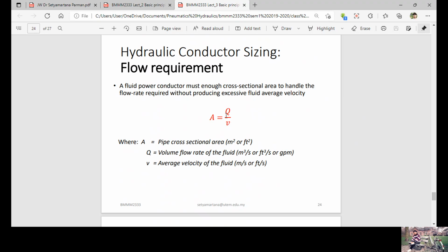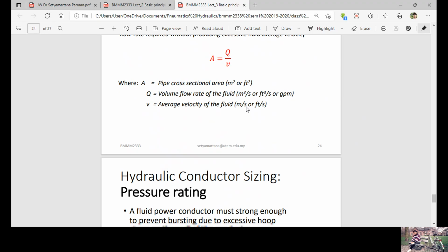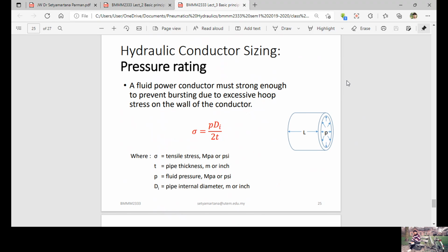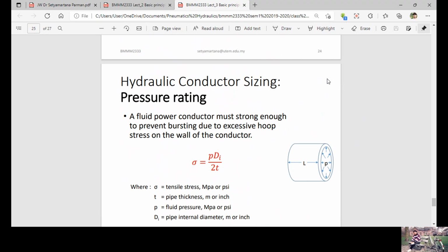The area equals the volume flow rate divided by the design or expected velocity. And then a fluid conductor must be strong enough to prevent bursting due to excessive hoop stress on the wall of the conductor.